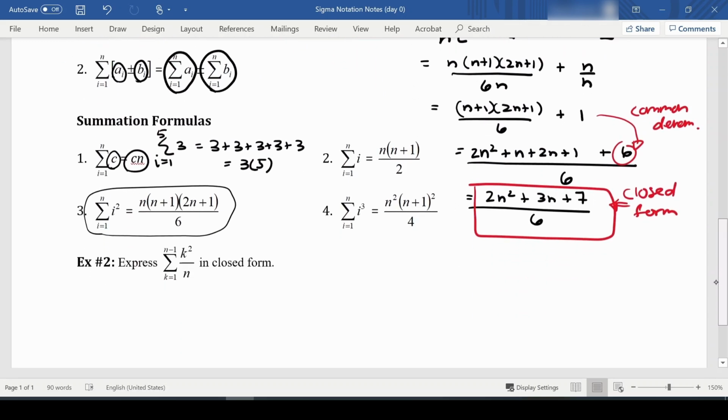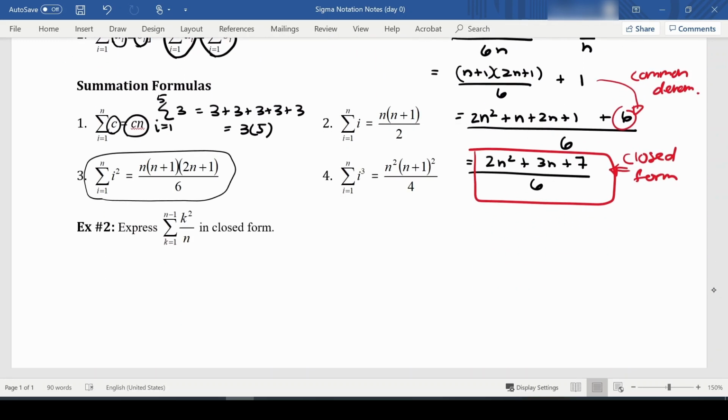All right, let's try one more question. This one's a tough one. Okay. We want to express this in closed form. We don't have an i, now we have a k. You can go ahead and change that to an i if you don't like seeing it as a k, that's fine. Okay. And the question is, what's changing and what's staying the same? If we have any constants, can we pull those out? If we have anything adding or subtracting, we can break our sigma up into smaller pieces.